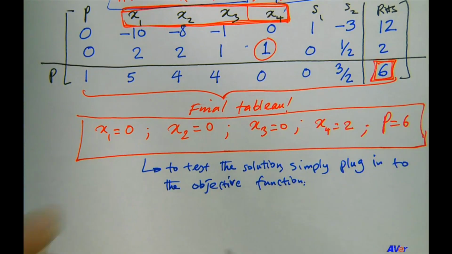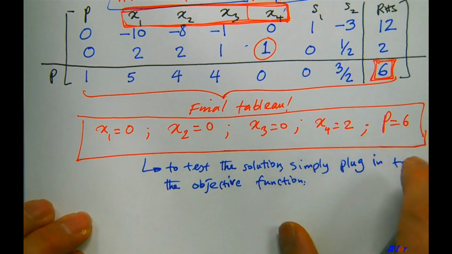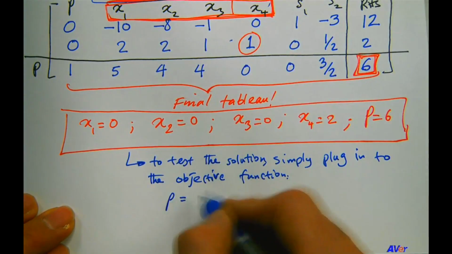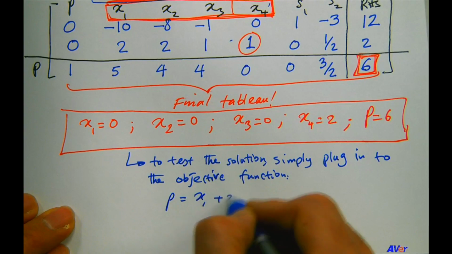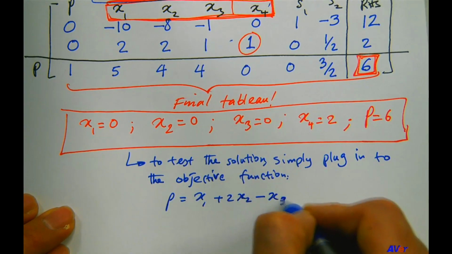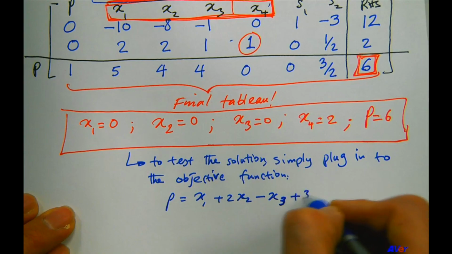The objective function was P equals x1 plus 2x2 minus x3 plus 3x4.